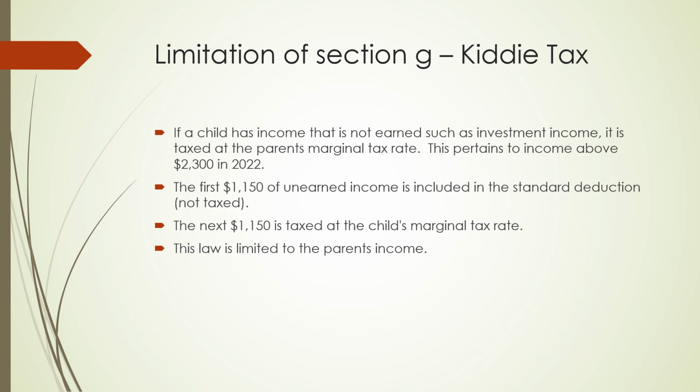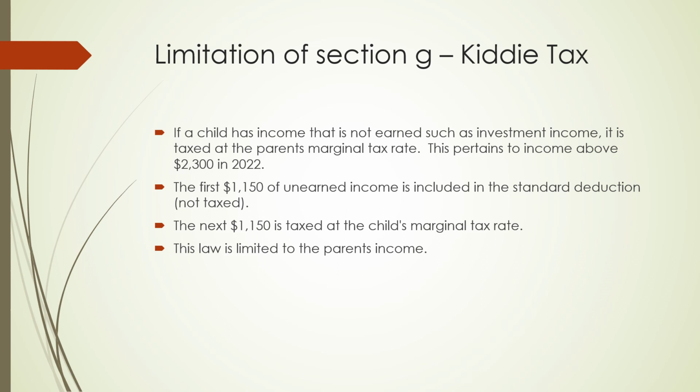So what are the limitations of Section G, kiddie tax? Like we talked about in the previous slide, there's a certain amount that you're excluded from, and if you have enough money, you can take advantage of this tax law and this deduction.